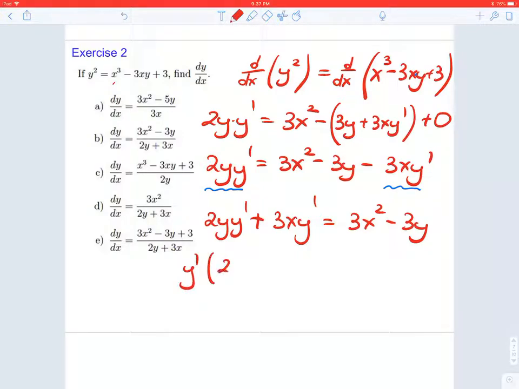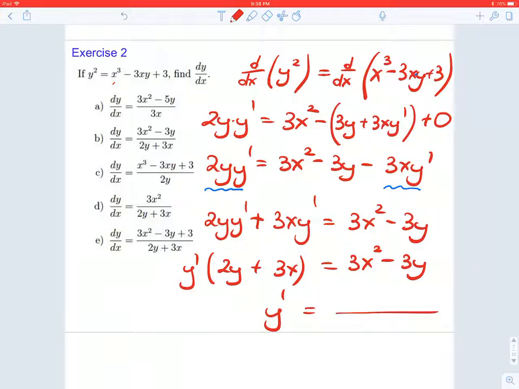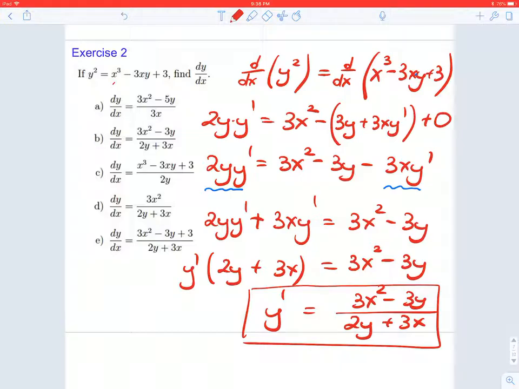Let's factor out y prime. 2y plus 3x will stay in the parentheses, and I have to copy this, and I will divide both sides of the equation by 2y plus 3x. 3x squared was on the right hand side. This is the final answer, and I see this answer in option B. 3x squared minus 3y over 2y plus 3x.